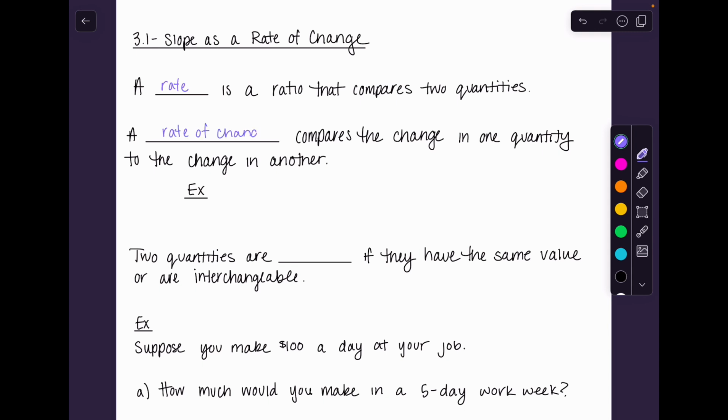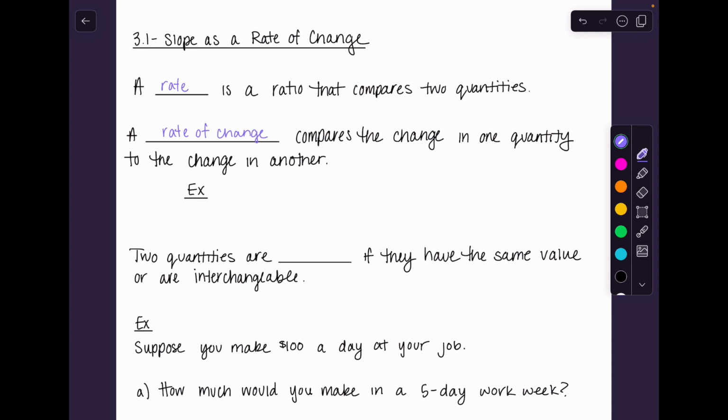Okay. And so what this does is it compares the change in one quantity to the change in another. And typically this is going to be in terms of time or distances. That's what we usually refer to rate of change as. But again, these two are very similar to each other. The definition doesn't compare too much.